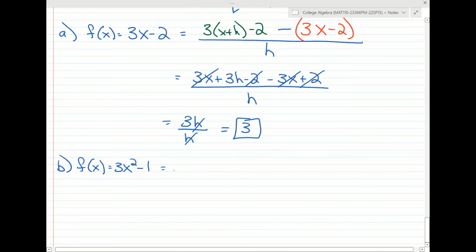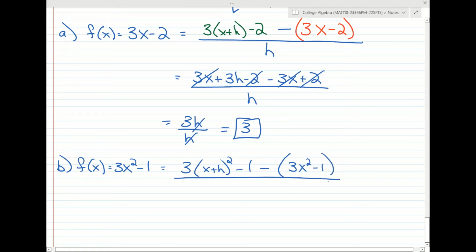What we're going to do is plug x plus h in for all the x's. So we'll have 3 times x plus h to the second minus 1. Instead of x, we put x plus h there. Then we're going to subtract f of x, which was 3x squared minus 1. And then divide everything by h.